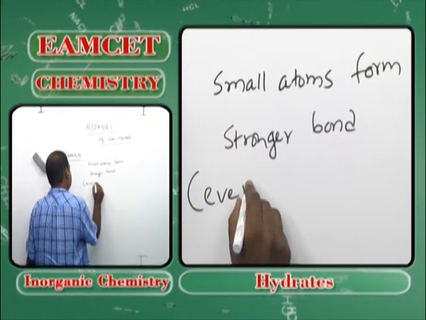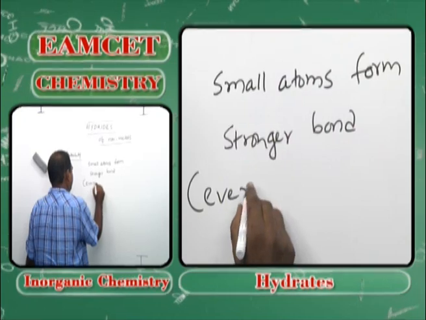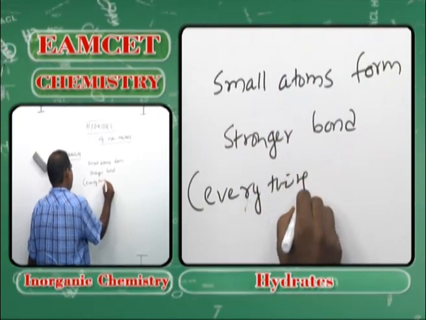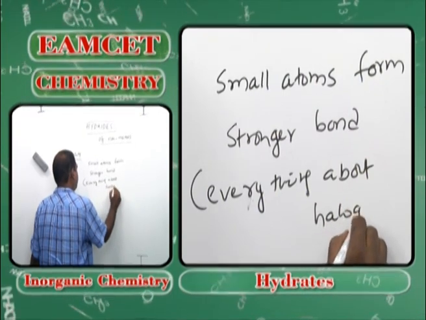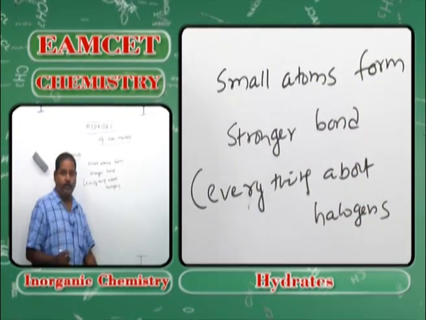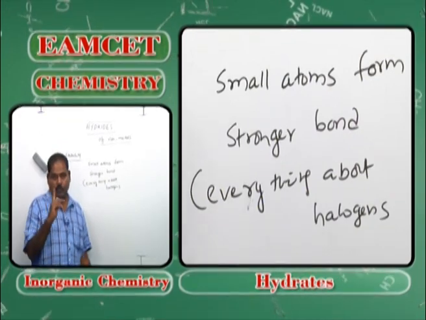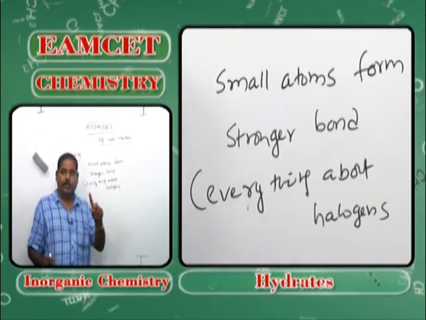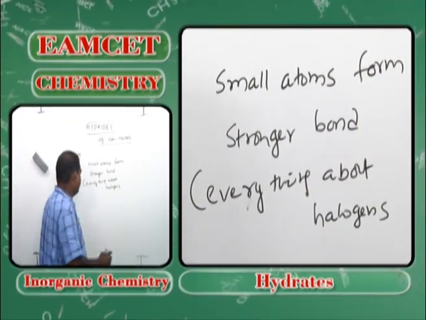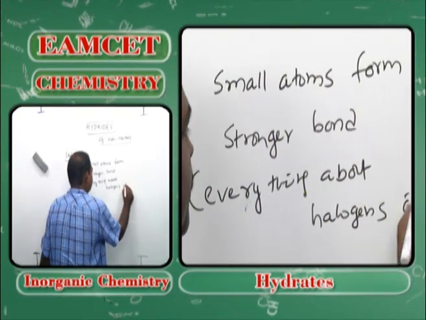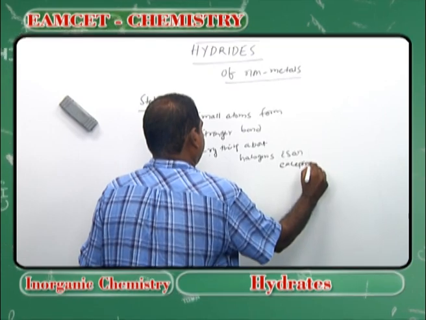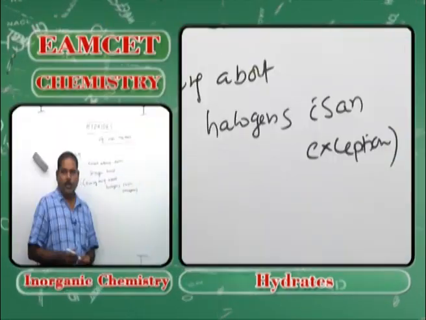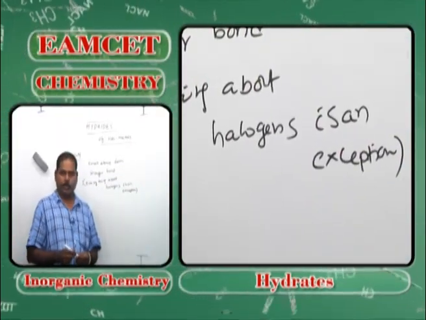Everything about halogens is an exception. I am not talking about compounds of halogens, mind you. I am talking about halogens in their elementary state. Everything about halogens is an exception. Slightly unexpected things happen in halogens. So, small atoms form stronger bonds.